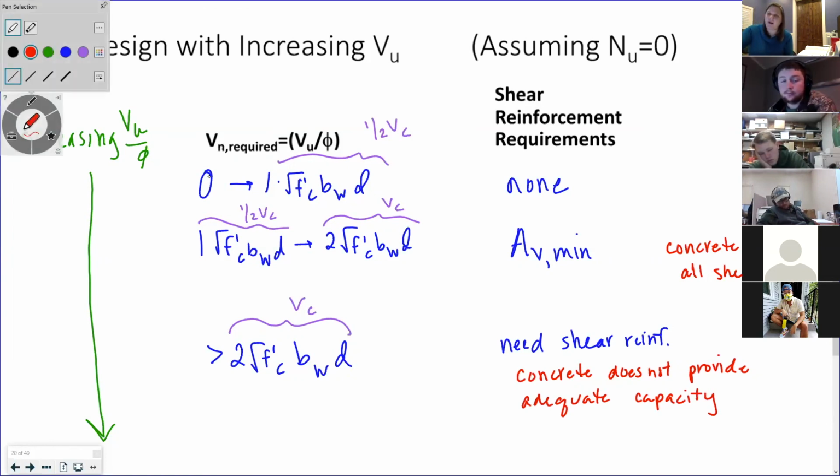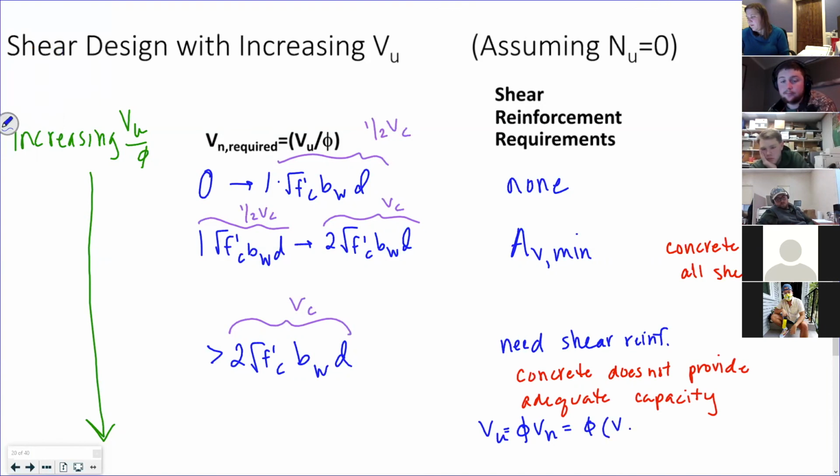And I can go back to that equation, phi Vn equals Vu, phi Vn equals Vc plus Vs. Solve for Vs.